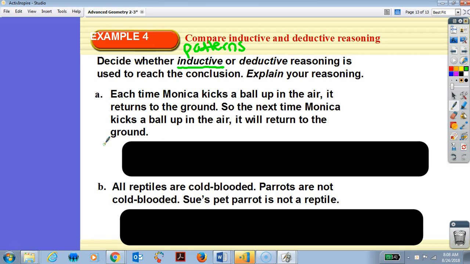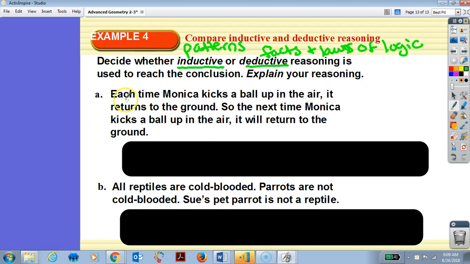Deductive reasoning uses facts, definitions, accepted properties, and the laws of logic to form a logical argument. This is different from inductive reasoning, which uses specific examples and patterns to form a conjecture. So inductive uses patterns and examples, where deductive reasoning is based on facts, definitions, and laws of logic.